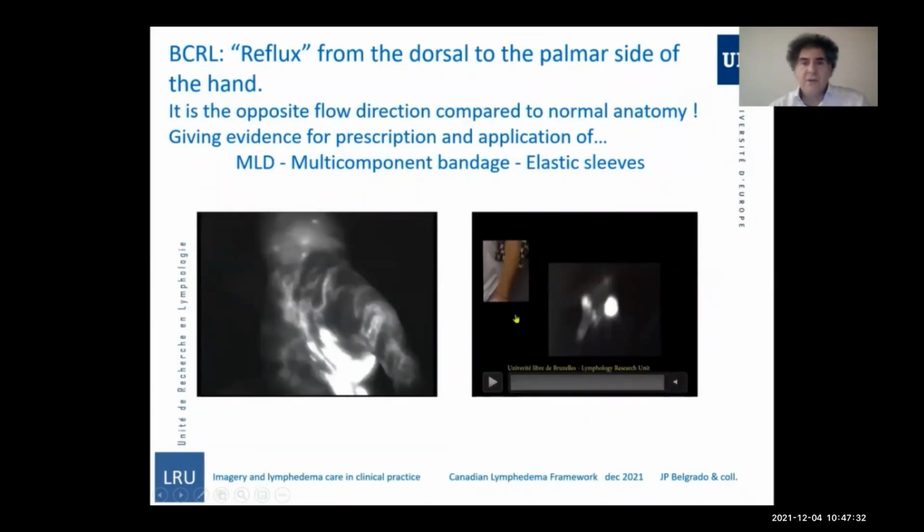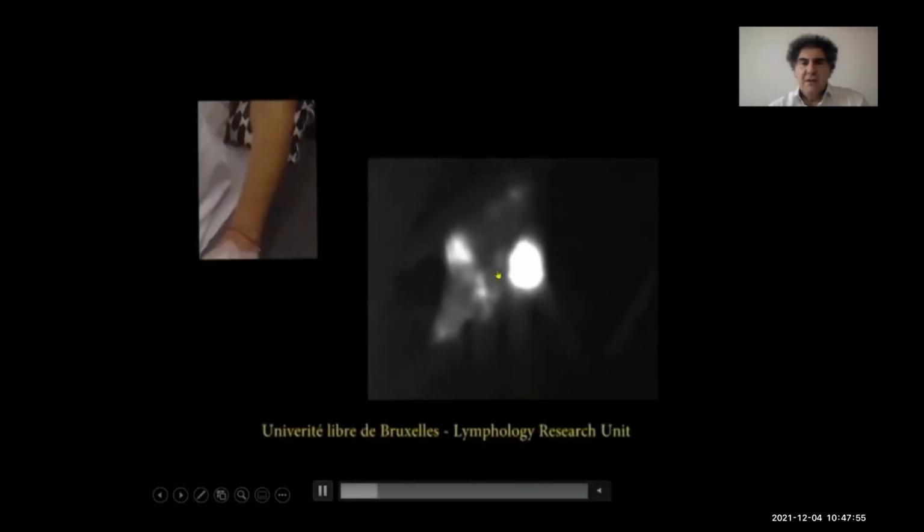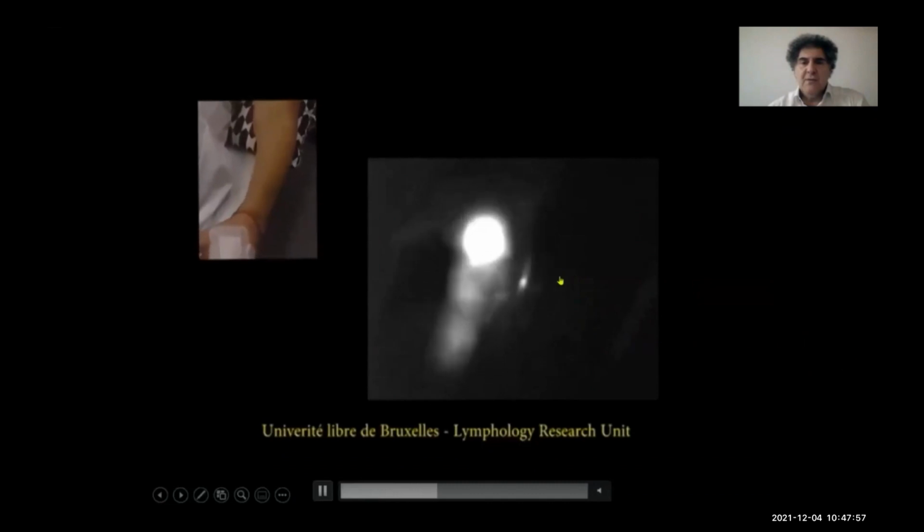So I'm showing you here an application of a clinical situation with a patient who had a secondary lymphedema after breast cancer surgery. She has a moderate edema that is perfectly compensated, notably by drainage via the deep pathways that start from the palm of the hand.